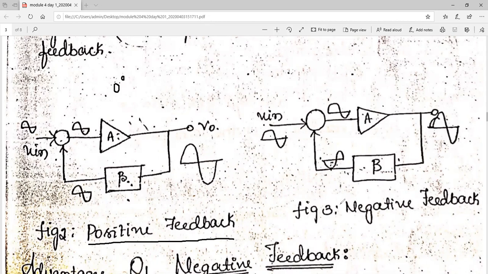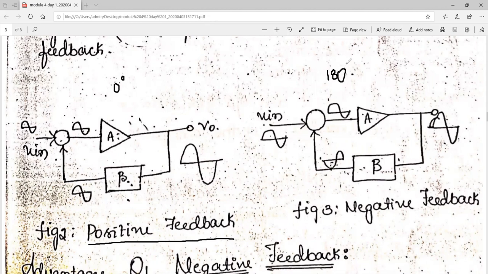And in the negative feedback, the input is a positive peak followed by a negative peak, but your feedback signal is a negative peak followed by a positive peak. So there is a 180-degree phase shift between the two signals. Therefore, it is a negative feedback. Clear?